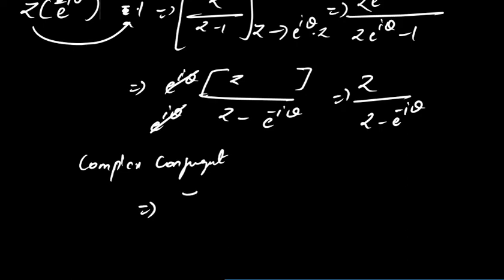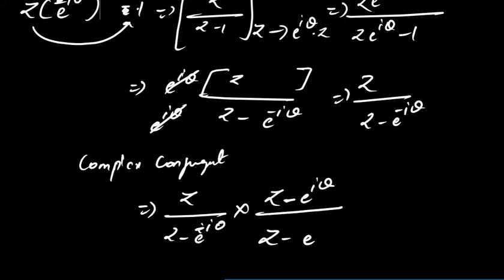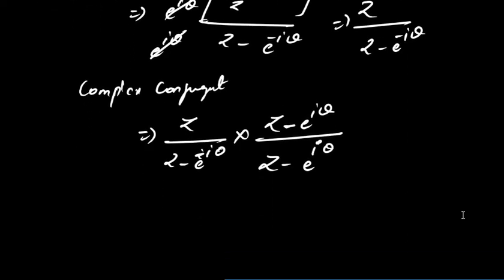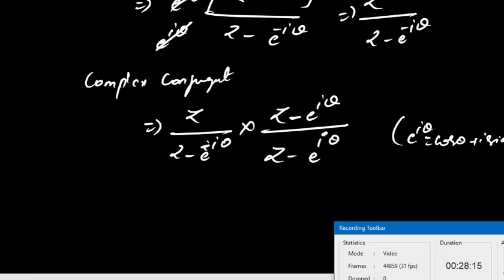So what happens? z by z minus e power i theta into, you can see the difference. It is z minus, but instead of minus i theta, I am taking positive i theta. Similarly, I am taking it for the denominator also. This is what we call complex conjugate. You just have to multiply it. And we know e power i theta is cos theta plus i sin theta. You can use the result when you are multiplying.